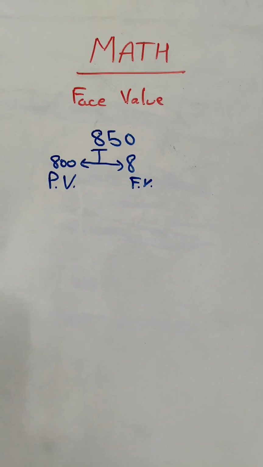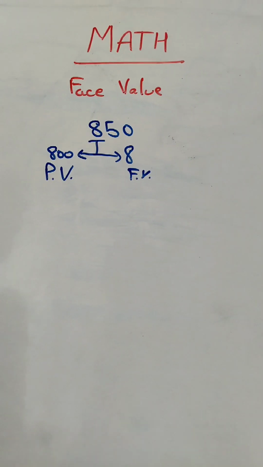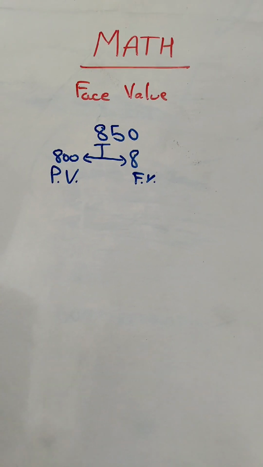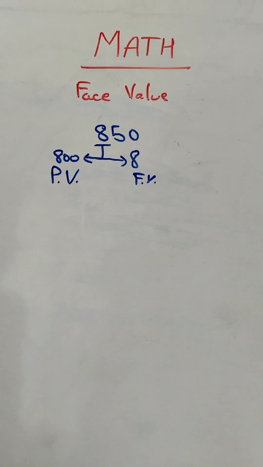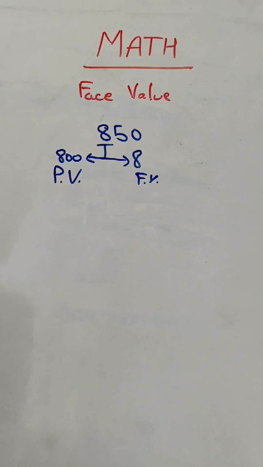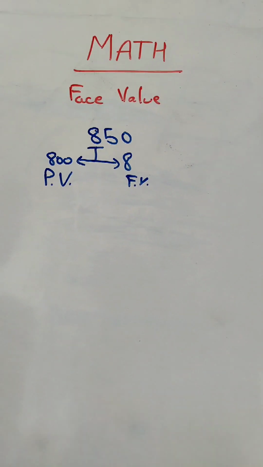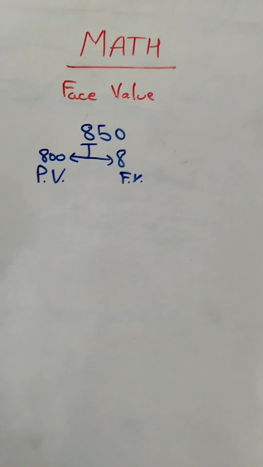Therefore it's multiplied by 100 to give 800. That is 8's place value in this number. But 8's face value is equal to 8 only.